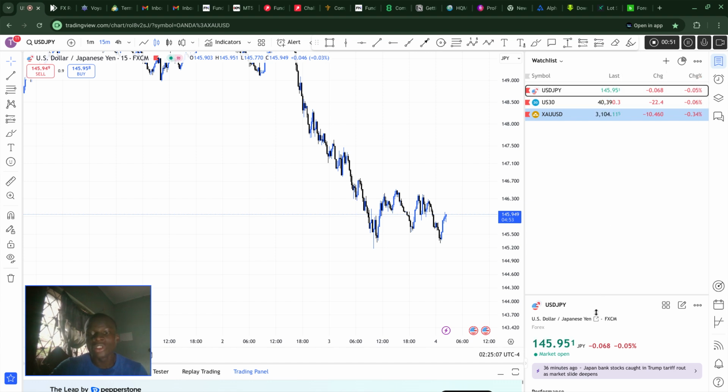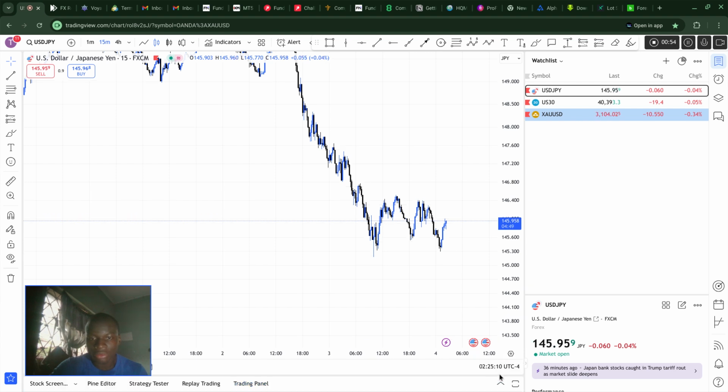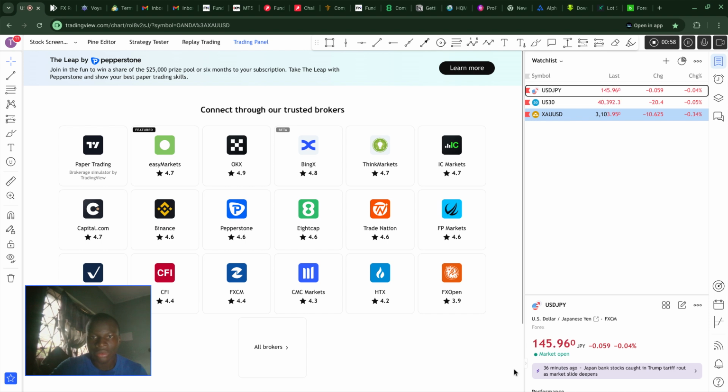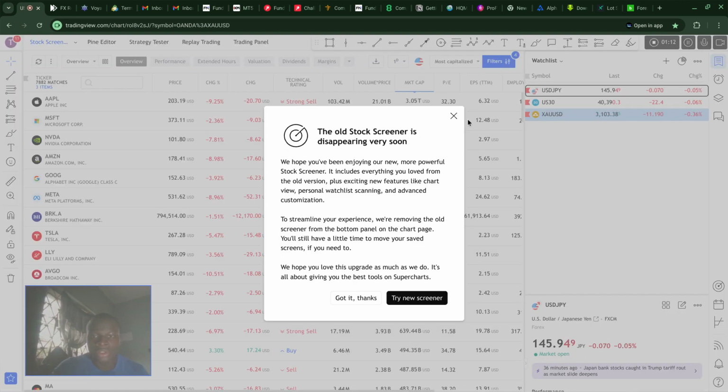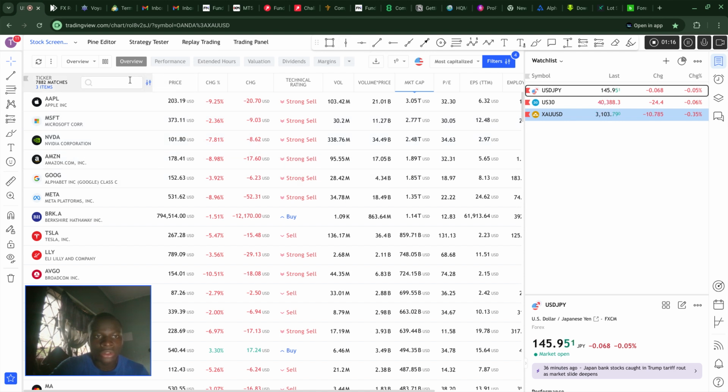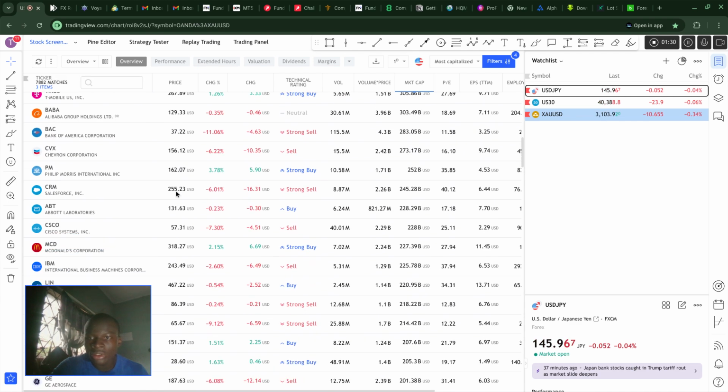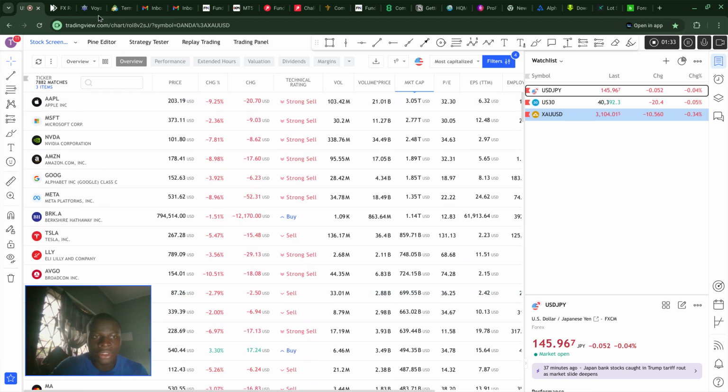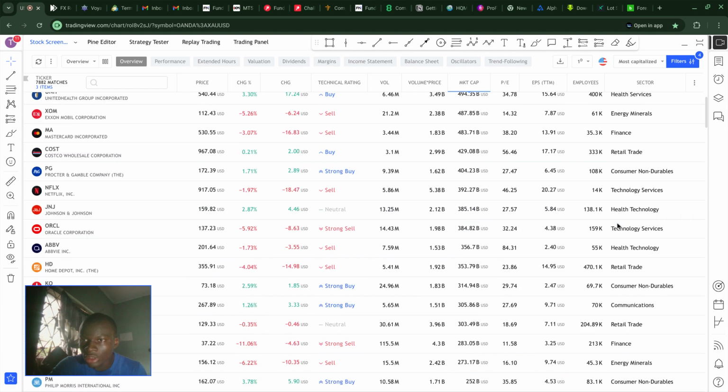As you can see, you go to the market screening. You go to the screen and check for the forex screener. I'm going to look up the forex screener.